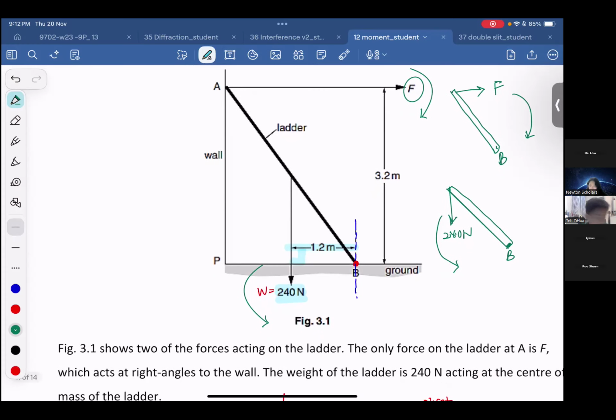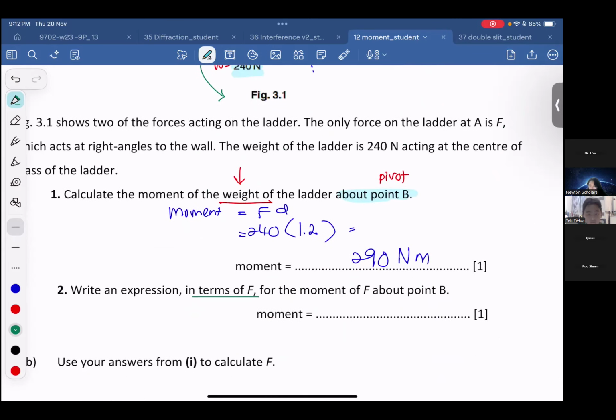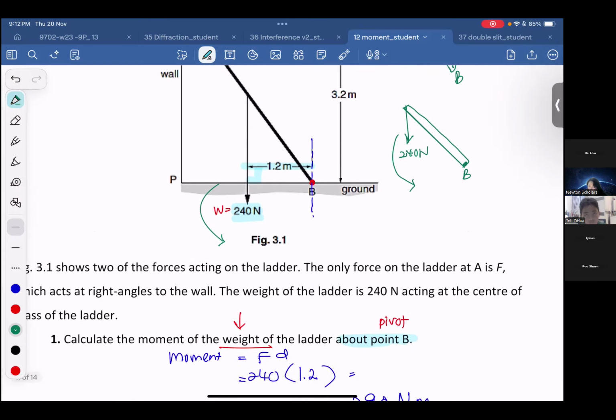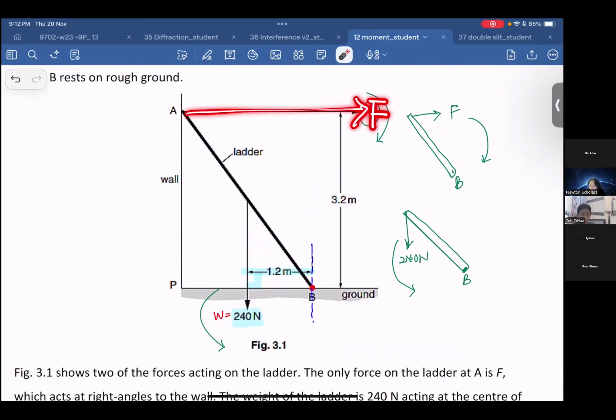Okay, in terms of F, that means your answer will have F in it, for the moment of F about point B. We don't know what F is, so in terms of F, your answer should have F inside. Perpendicular distance, so it should be this 3.2.